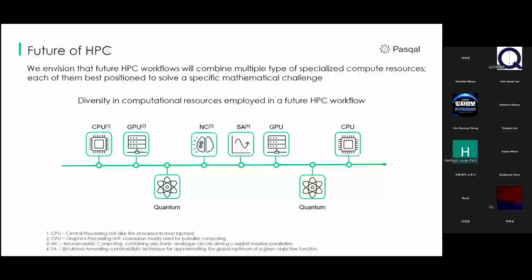So the idea here is that when a user launches what we call a job, when a user launches an execution of a program, a computation of something, that task needs to be divided into many different elementary components. And then each component needs to be allocated a specific computational resource.